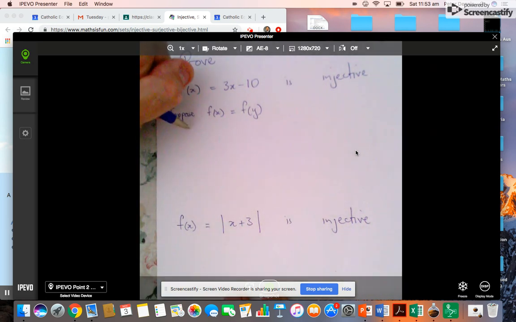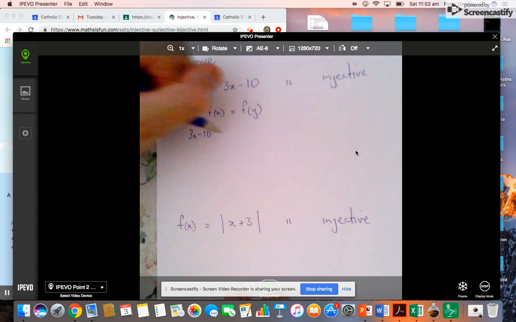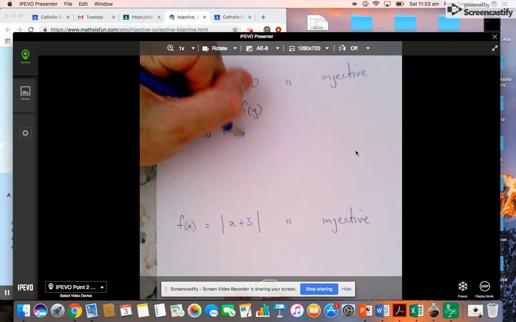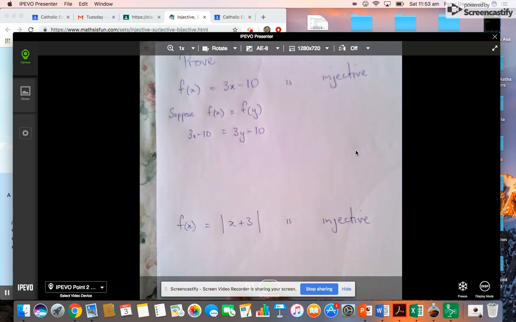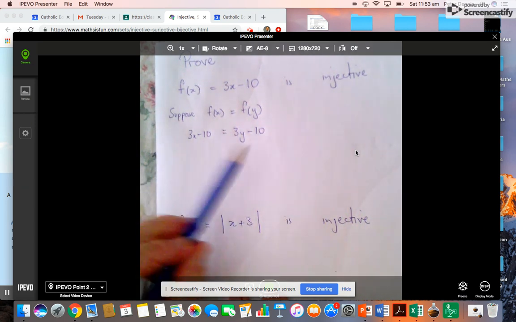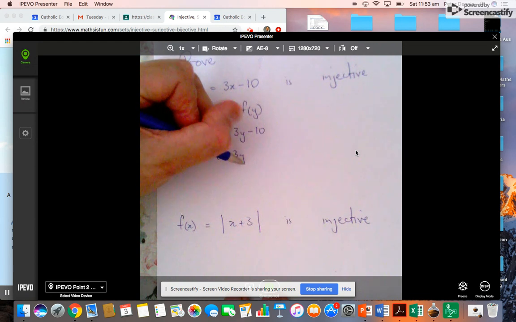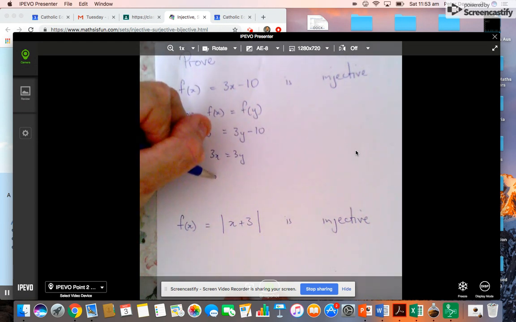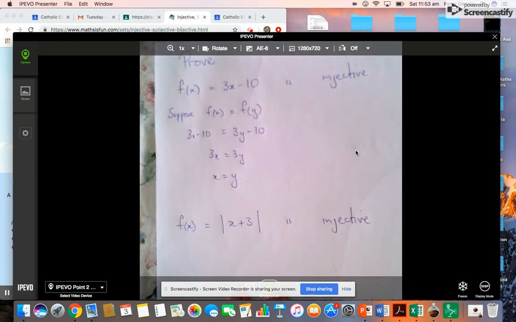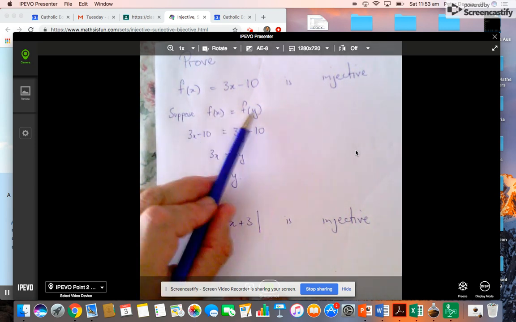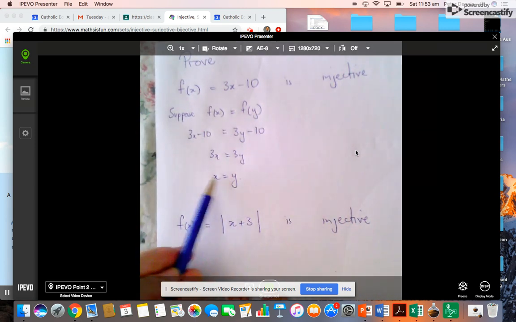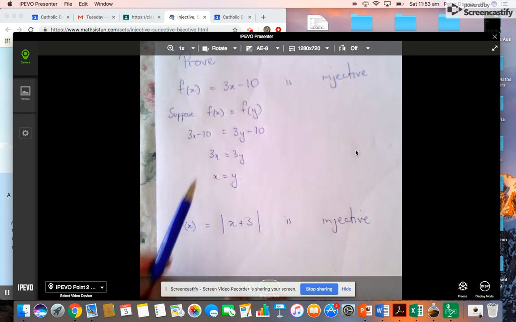What that means is that 3x minus 10 equals 3y minus 10. Now we can add 10 to both sides. We get 3x equals 3y. Dividing by 3, we get x equals y. And there's that contradiction. We started saying that they were different and equal, but they're the same thing. So from every single value of x, we get only one f of x value.